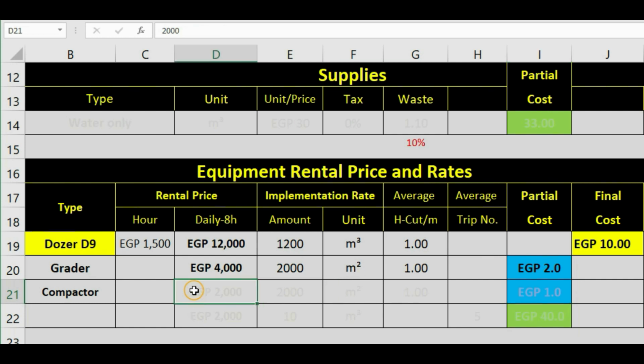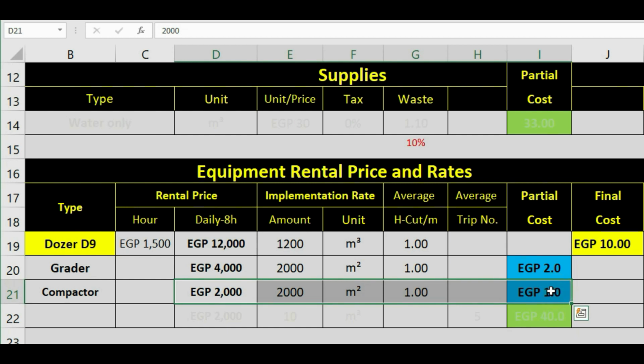The same way for the compactor. If the daily rent of the compactor is 2,000 Egyptian pounds, and of course the same implementation rate of 2,000 square meters, it means that the cost of the compactor is 1 Egyptian pound for each square meter.